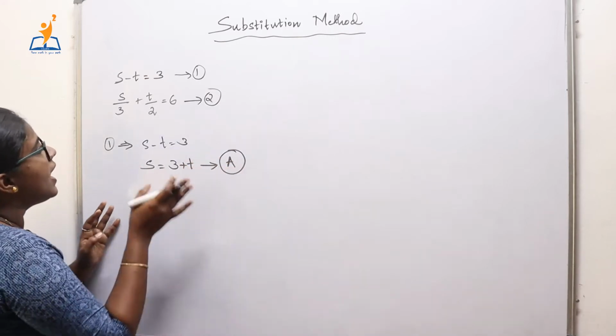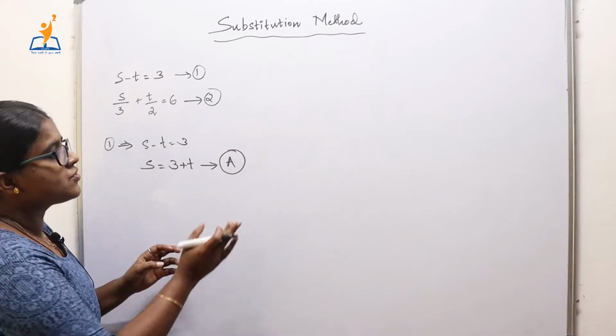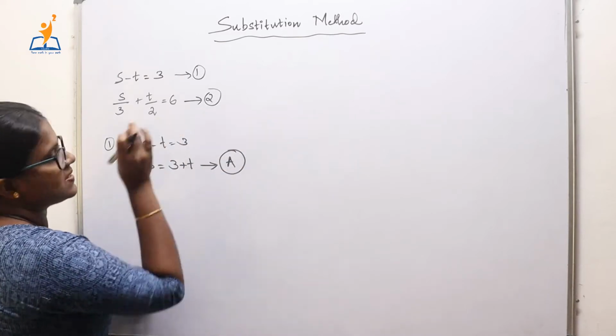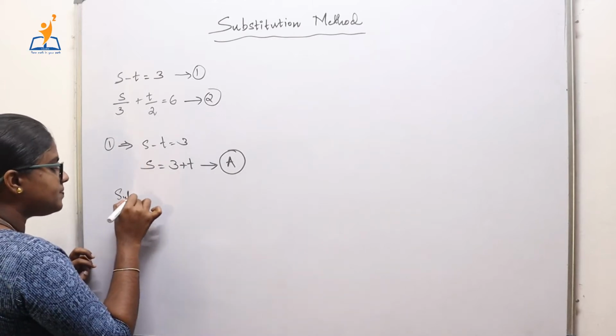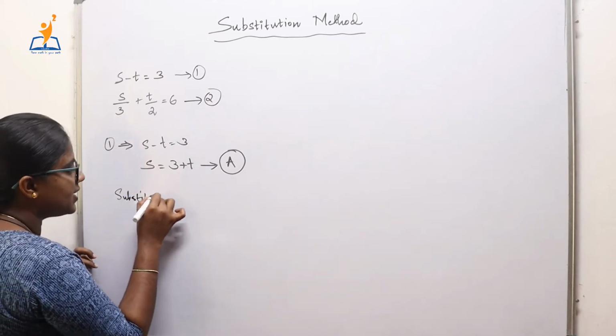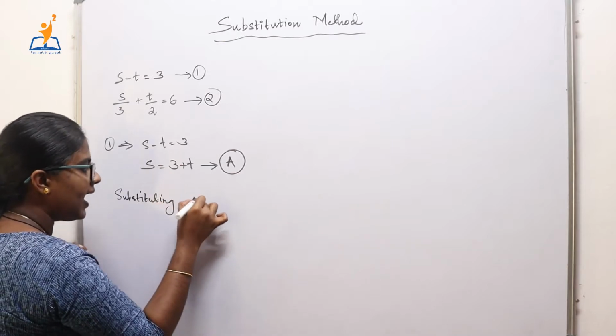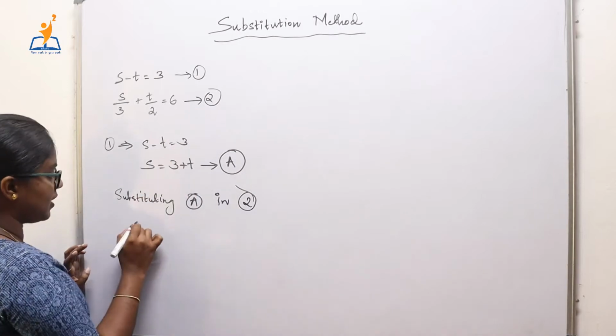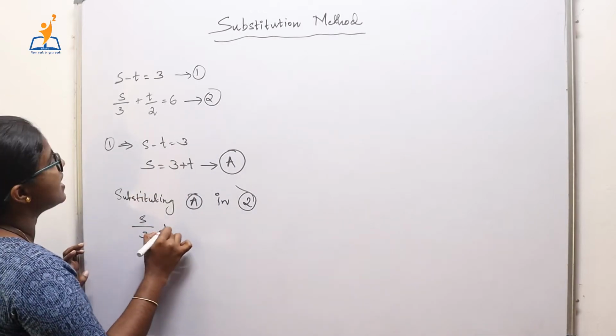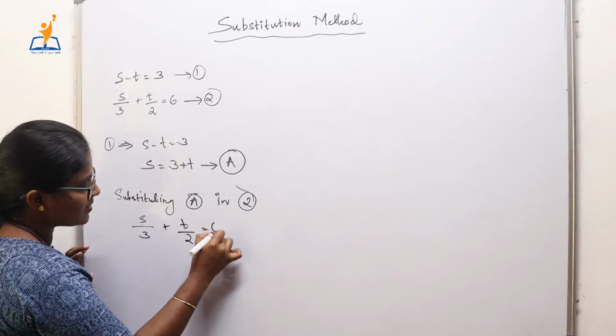Now let's put it apart, and now we are going to substitute this A into the second equation. That's our second step. Substituting A in equation 2: let's write equation 2 first, that is s by 3 plus t by 2 equals 6.